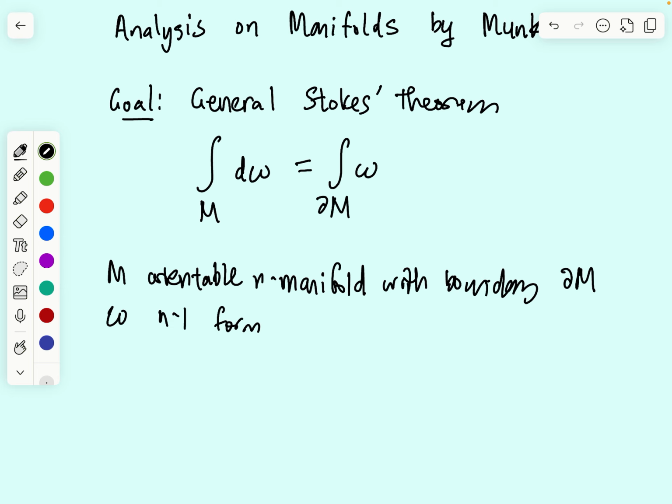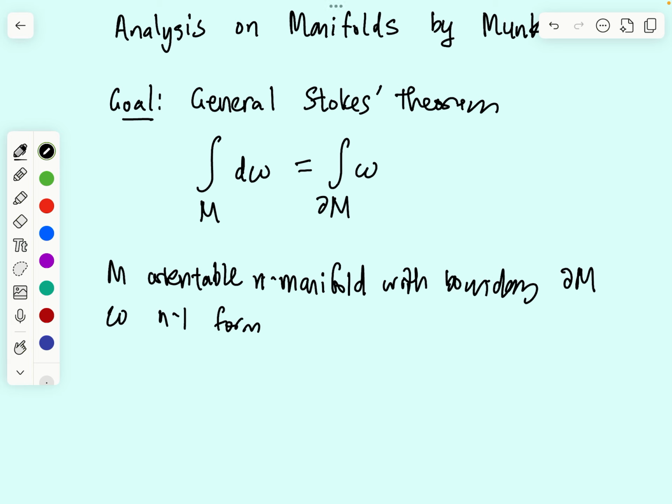We have to say, what is a manifold? What is an orientable manifold? What's the boundary of a manifold? And what does the integral over a manifold mean? And then what is an n-1 form? And what's the d omega? What does that even mean? And what does it mean to do the integral of a form? What does any of this mean?